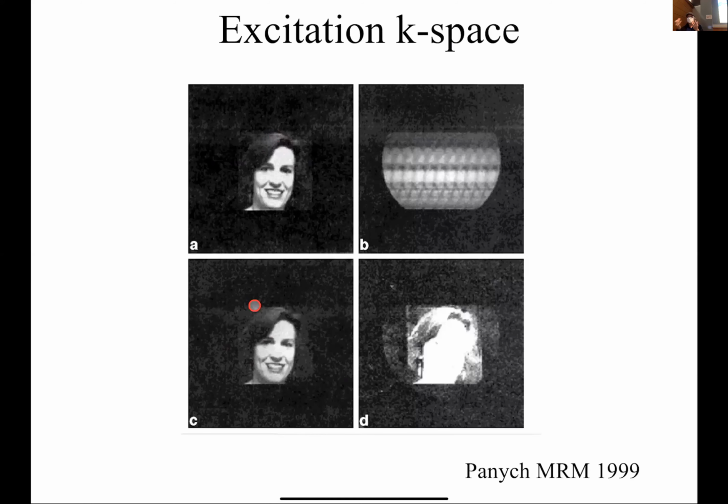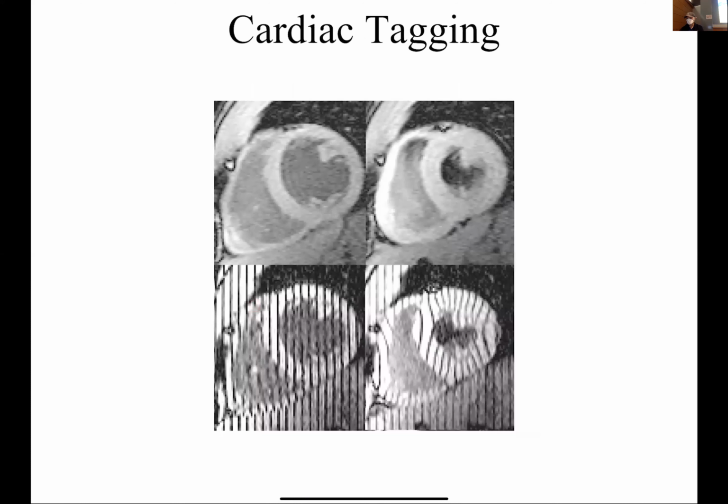But it sort of just shows you the power of this formulation, that you can take any arbitrary pattern and actually imprint that pattern into the spins. So this is a cute demonstration, but where it's useful is, for example, a very simple example is cardiac tagging, where you might want to look at, in this case, you're laying down lines.